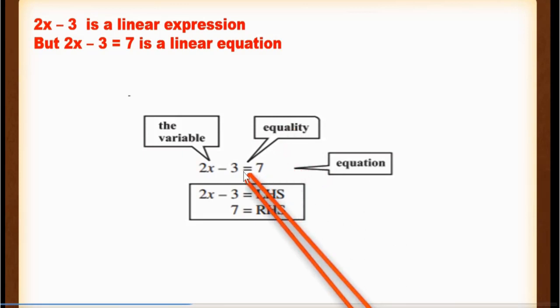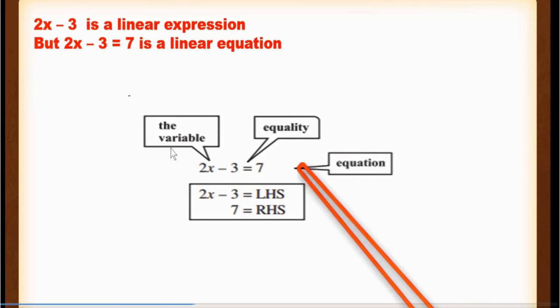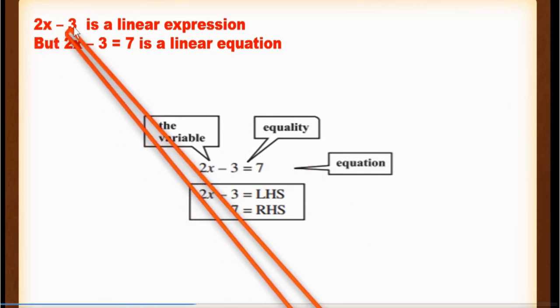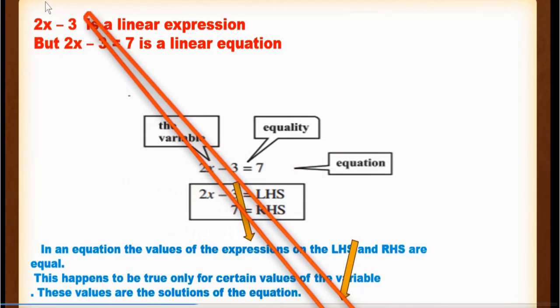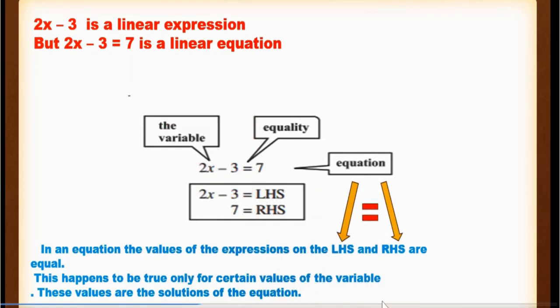Hence, it is a linear equation. Whereas in a linear expression, there is only one part, that is 2x minus 3. It doesn't have an LHS, RHS or an equality sign. So, it is clear that an equation has LHS, RHS and an equality sign in between them.